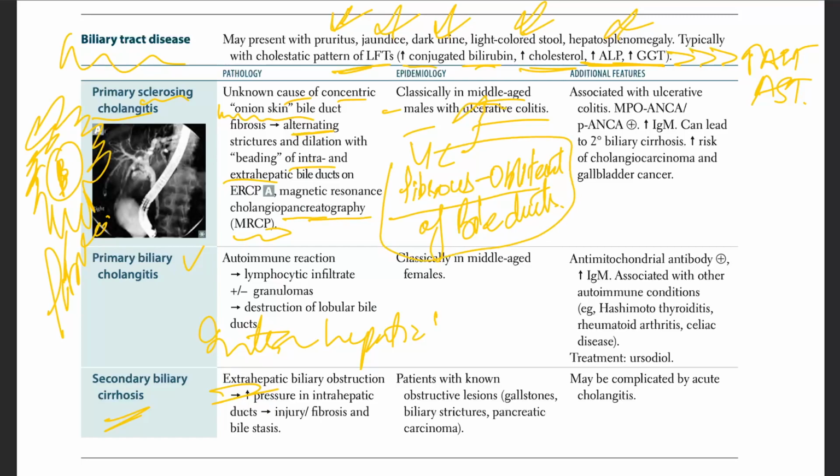This is the same thing going on with the biliary atresia. Okay. Now here you have additional features associated with ulcerative colitis, in which you have this MPO-ANCA, P-ANCA positive. You have an increase in IgM levels, which can lead to secondary biliary cirrhosis, and an increased risk of cholangiocarcinoma and gallbladder cancer.